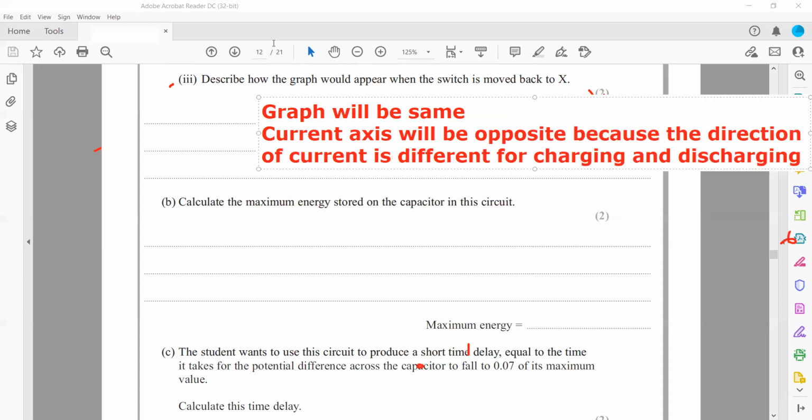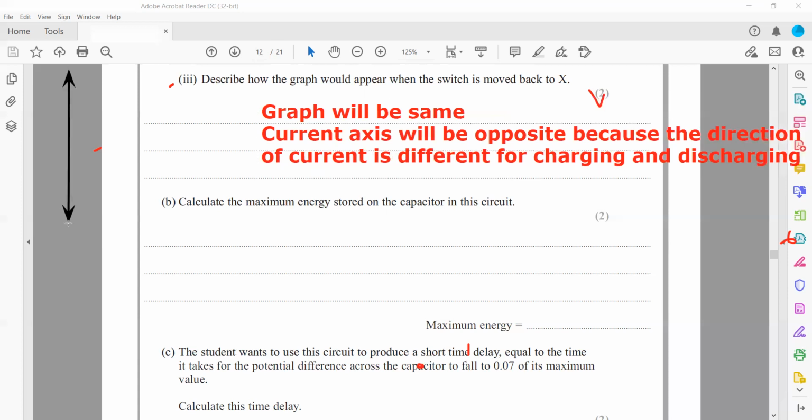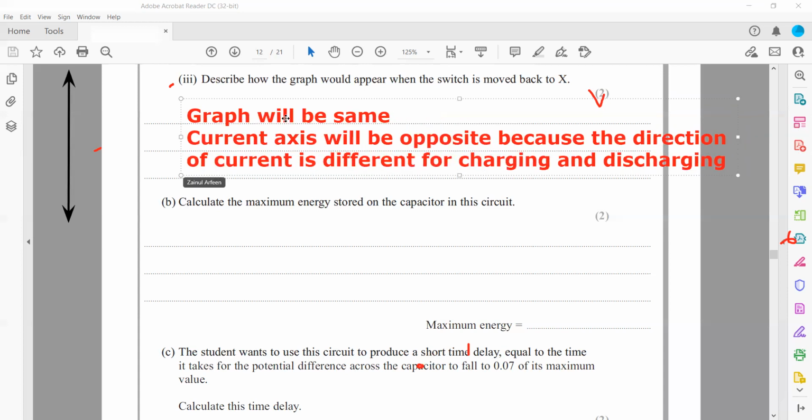So if we want to plot the graph on the same axis, we should use both axes to show our charging and discharging. So this will be an example. If it was a discharging graph, then the charging graph will be the same but in the opposite direction.